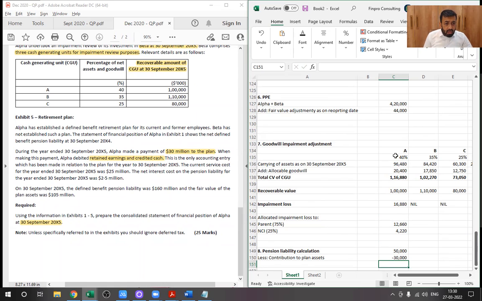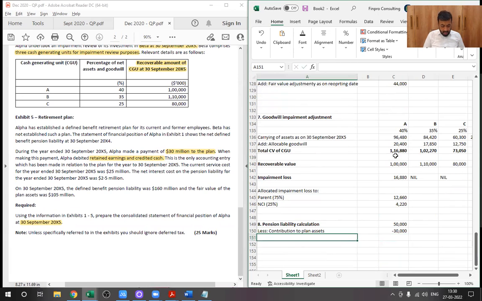Next, the current service cost is 25,000 and interest cost is 2,500. So I also have to account for these in the pension plan. Add current service cost, 25,000, and interest cost is 2,500.